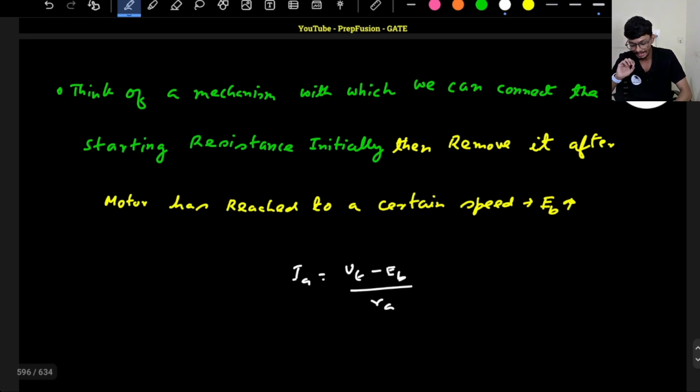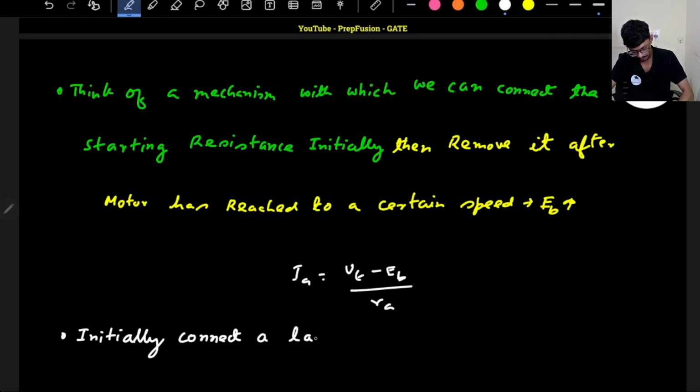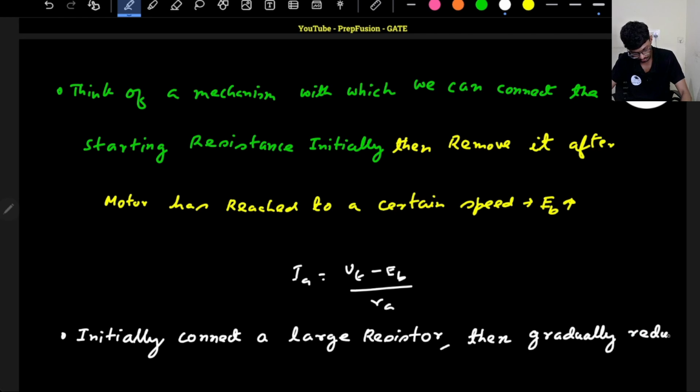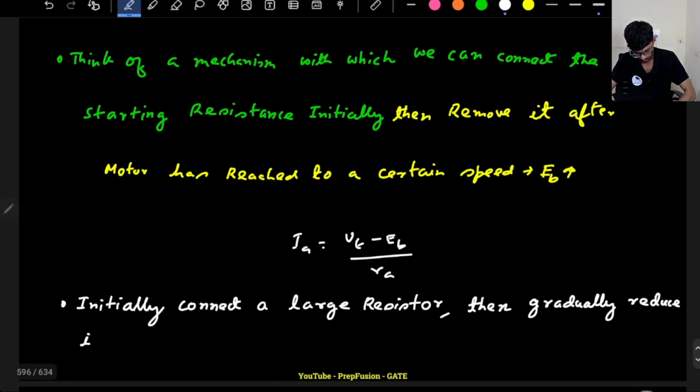So what we do is, the main aim is to initially connect a large resistor, then gradually reduce it.